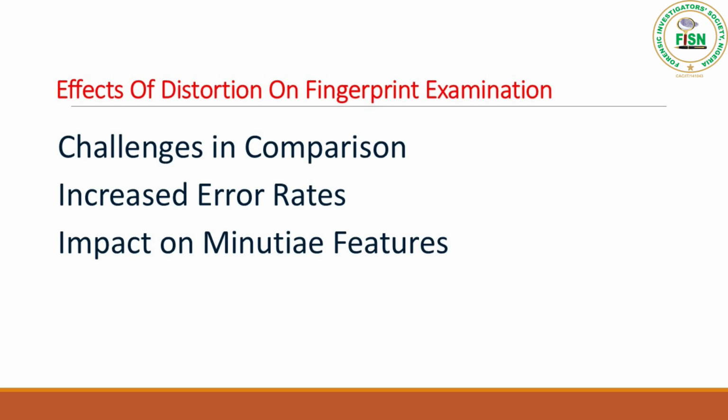Another challenge that you may encounter is that of increased error rate. Even if you try to enhance a distorted fingerprint and work on it, the error rate will be so high that the results will not be good at all.